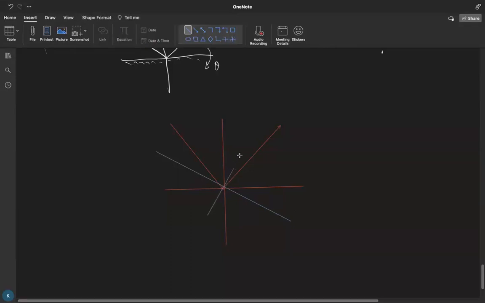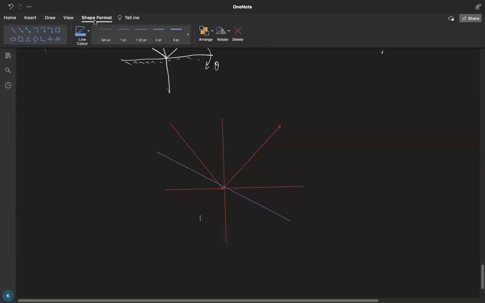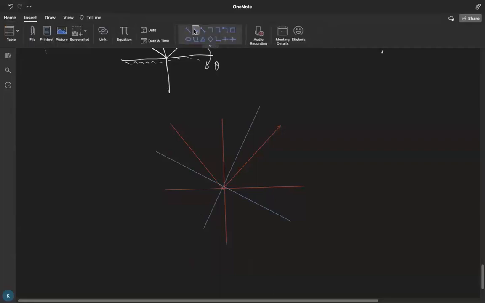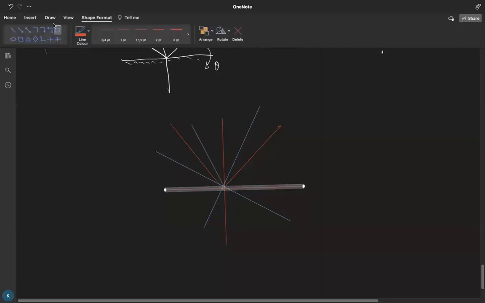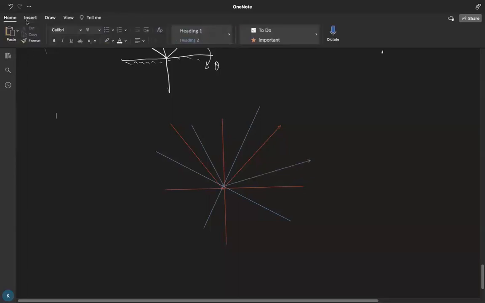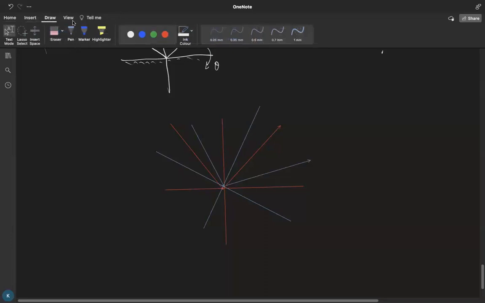So this is our normal for the rotated mirror, right? And similarly we have the incident ray and the reflected ray for each one. So it will be something like this, and this is our reflected ray. Let me note each one so it will be clear to all of you.